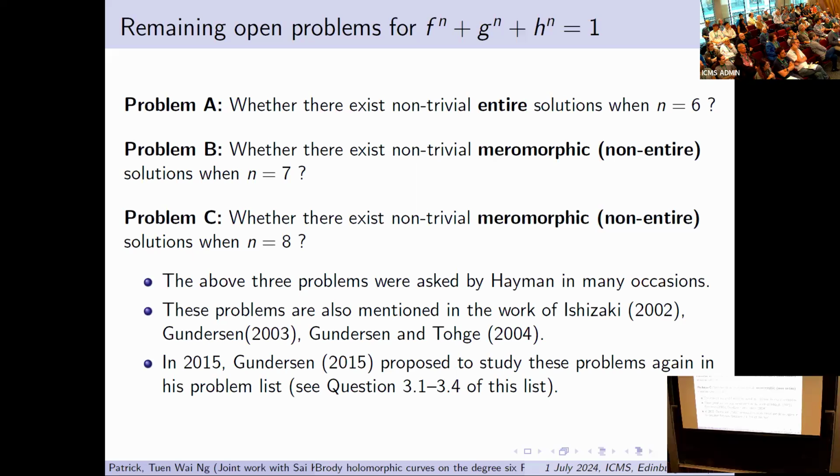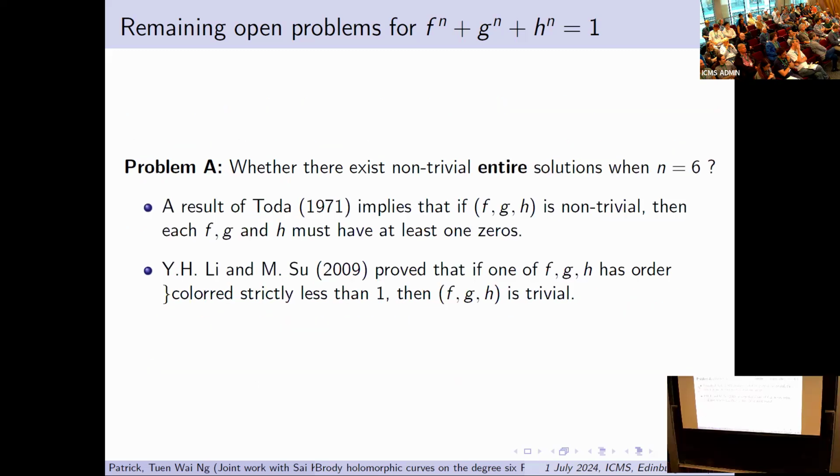So this problem has been studied by quite a number of people. I just mention a few references here. For entire solutions, when n is equal to 6, in an old paper, Toda, actually, if you apply his result, you can prove that you cannot find a non-trivial solution if one of these functions F, G, H has no zeros.